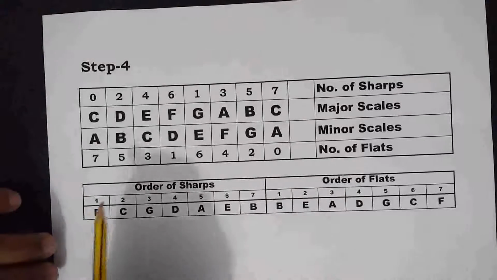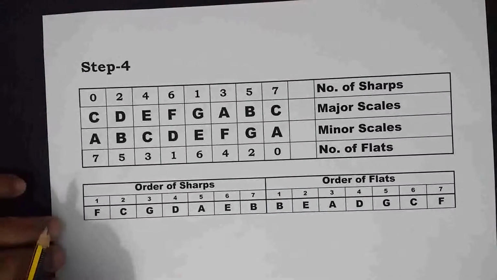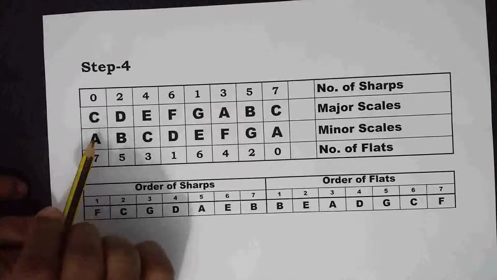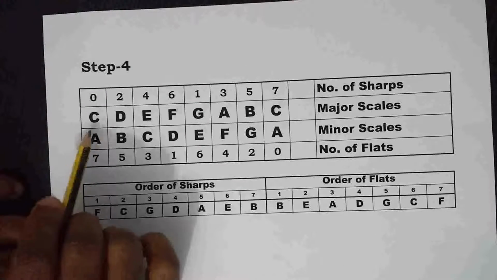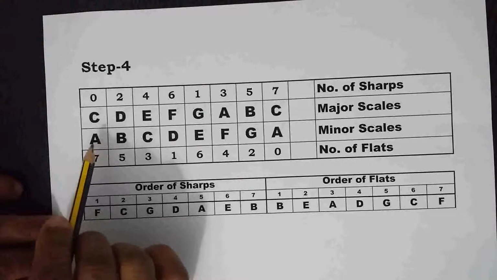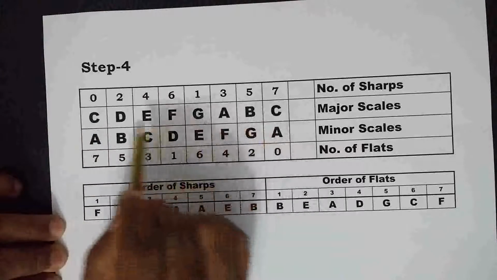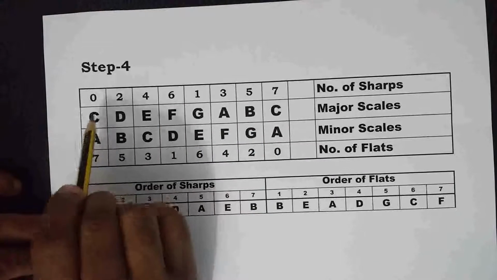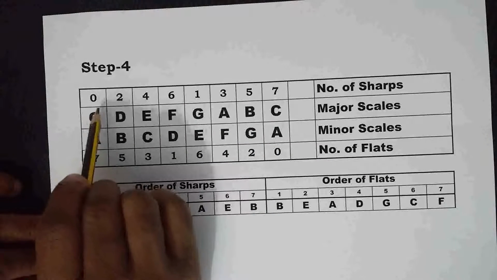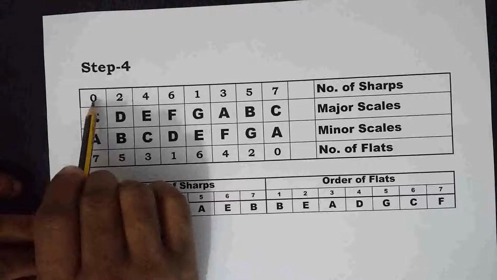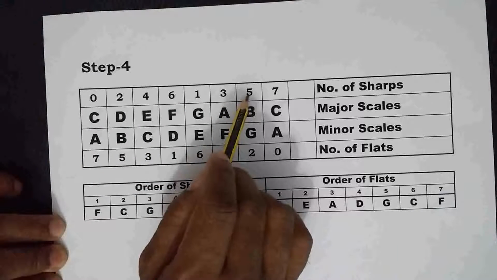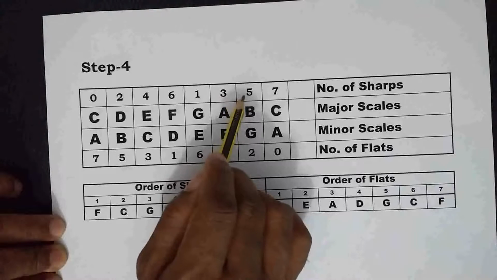Next step is assigning sharps and flats to the major and minor scales row. In the case of major scales row, put flats corresponding to 0 to 5 and sharps after that.